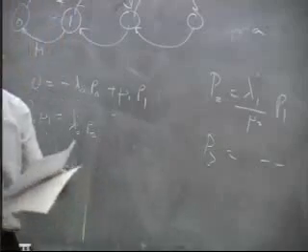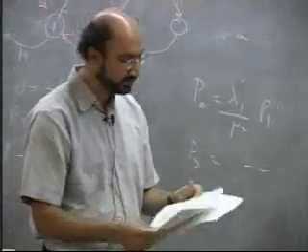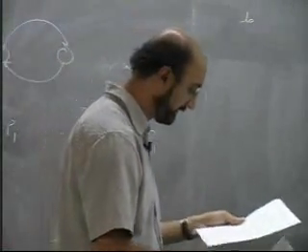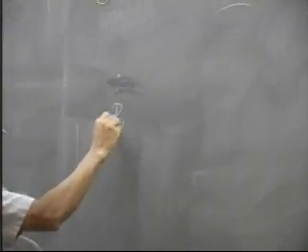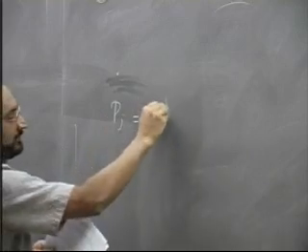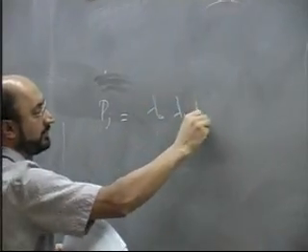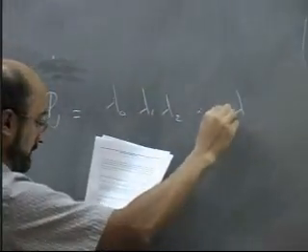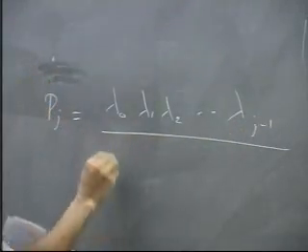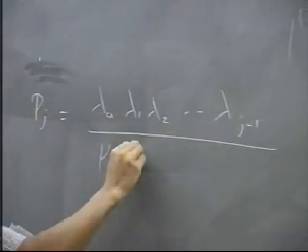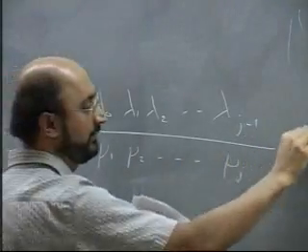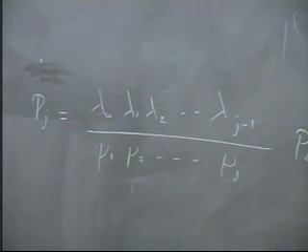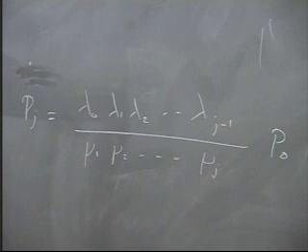So in general, I can write down the general value easily: pj equals lambda 0, lambda 1, lambda 2, up to lambda j minus 1, over mu 1, mu 2, up to mu j, times p0, right? I'm just unrolling this. It's just simple.